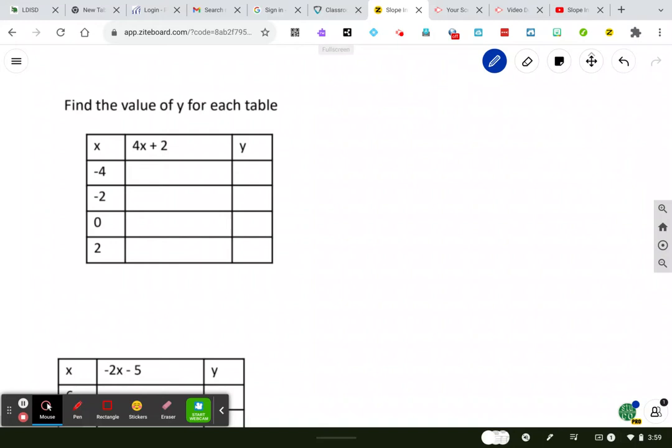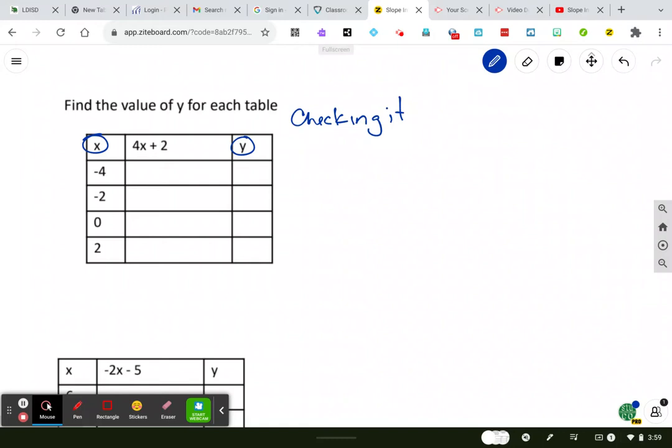So in your notes, all you're doing now is I've given you an equation. This is written a little bit backwards, but we're substituting the information in. This is what's called checking it. All I'm doing is taking the x values to come up with my y value by substituting it in.